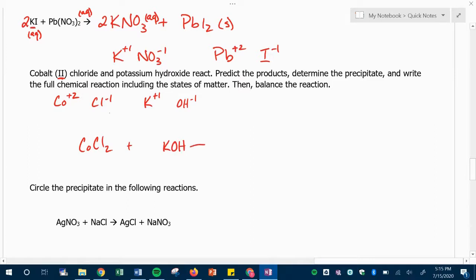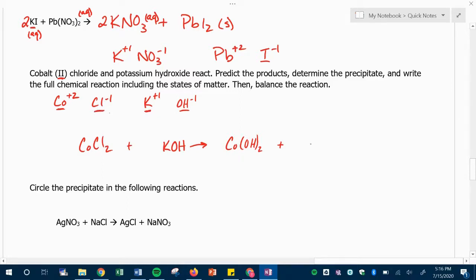Now, as we go through, the cobalt and the potassium are going to switch. So our first product would be cobalt with hydroxide, and the +2 comes down, making it Co(OH)2. Plus now the second part, it'd be potassium bonded with chlorine.